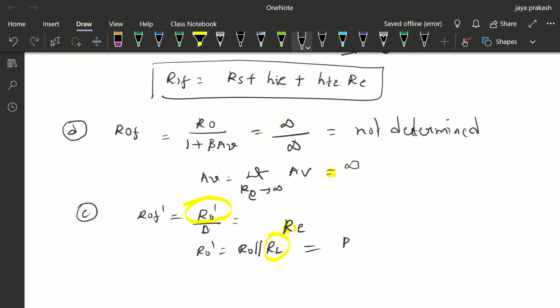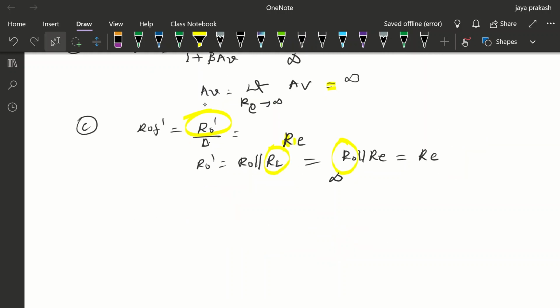So that is equal to R naught parallel RE. We know that R naught is infinite. Infinite parallel RE is simply RE. So now we got R naught dash is equal to RE.